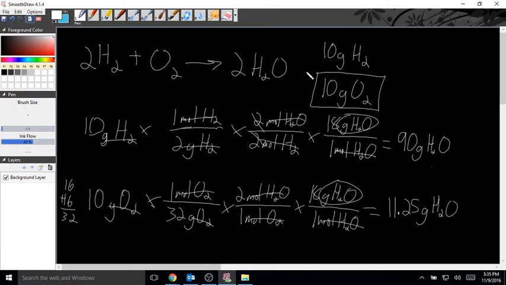And if I'm also asked, using that limiting reagent, how much water can I produce? Looking at these two, 11.25 is way less than 90. So starting with these two amounts of hydrogen and oxygen, the oxygen is definitely limiting it because I'm only able to make that 11.25.